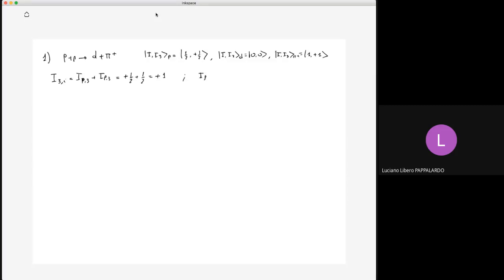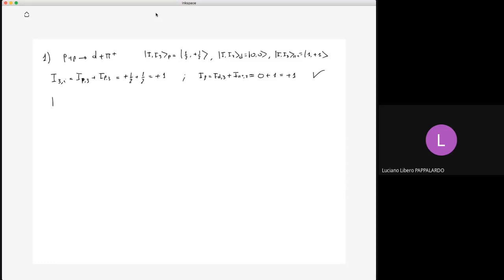In the final state, we have I3 of the deuteron plus I3 of the pi plus. For the deuteron, the third component is 0. For the pi plus, it is 1. So it is plus 1. So indeed, the third component is conserved in the reaction. We have the same value in the initial and in the final state, as we would expect because it is a strong reaction. Now, let's try to write down the wave function for the initial and for the final state.